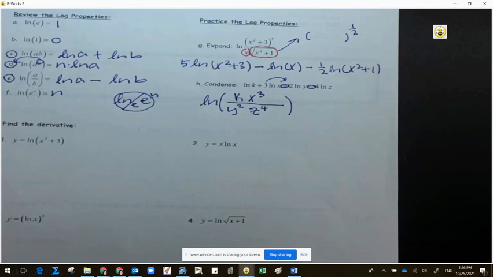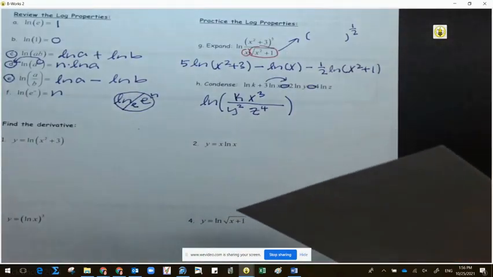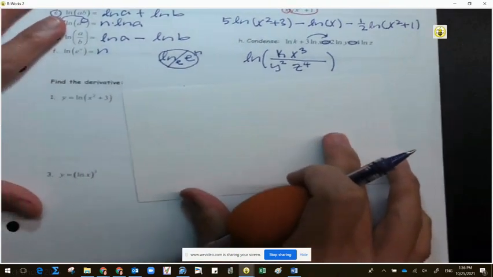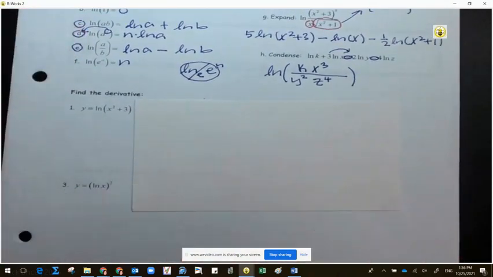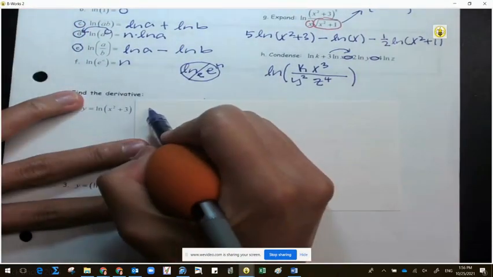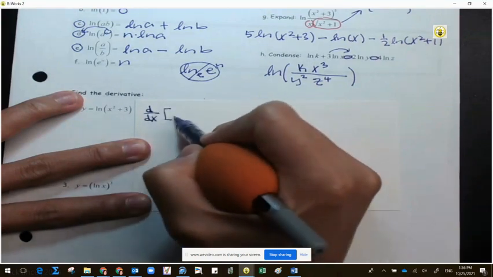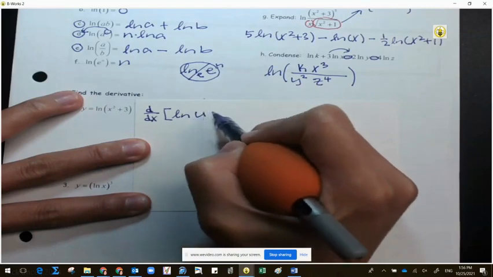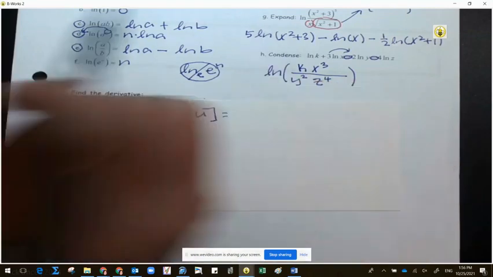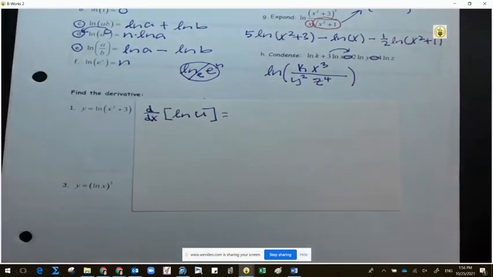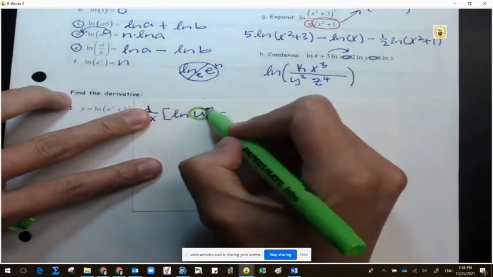All right, time for your card, card number 3. We're going to actually add 2 more things sometime this week. So if you would, try to use just the top half. So let's find the derivative of natural log of u. And I'm going to highlight the u.